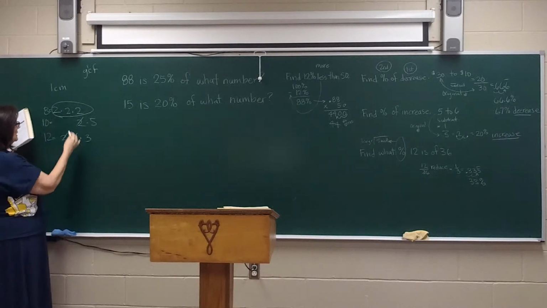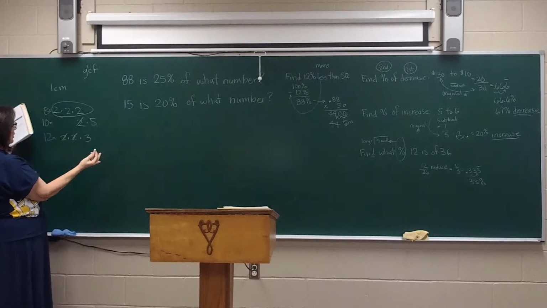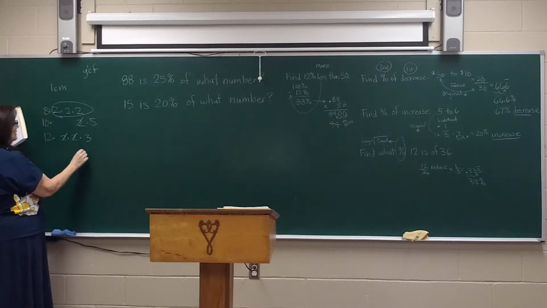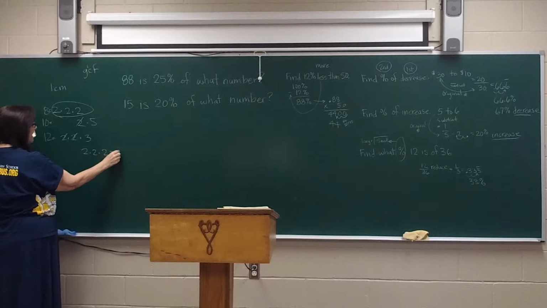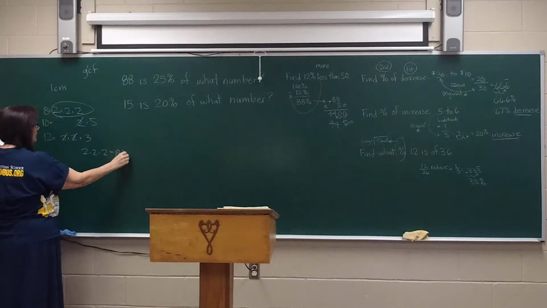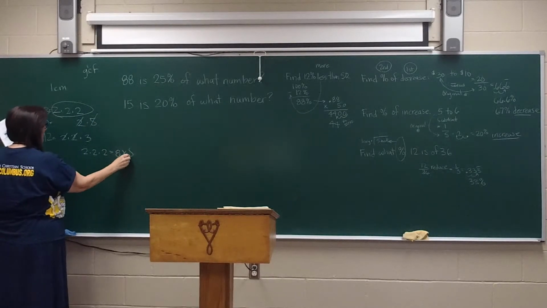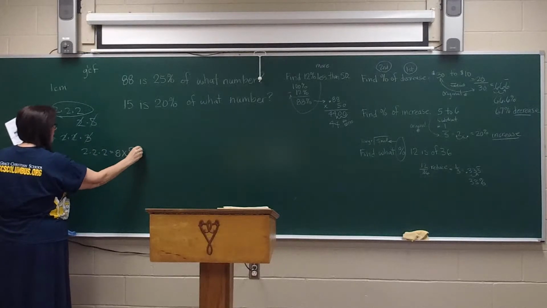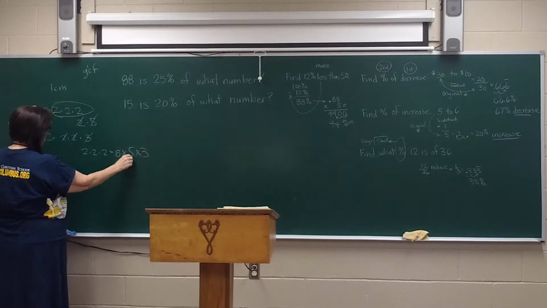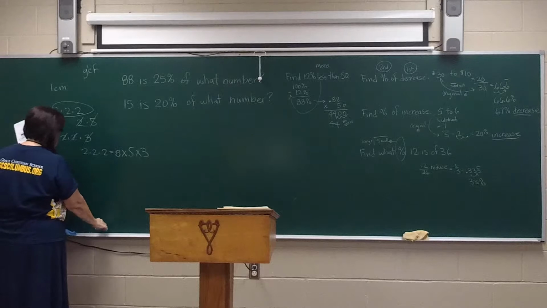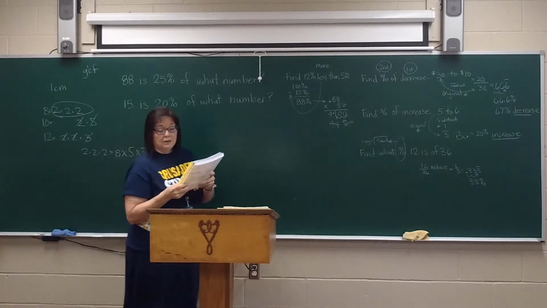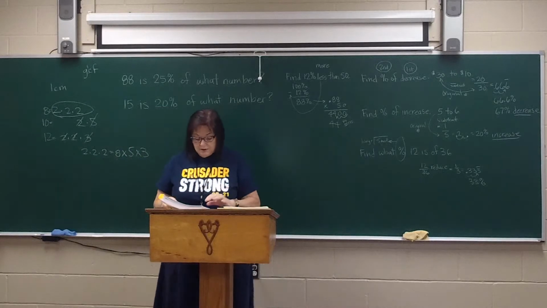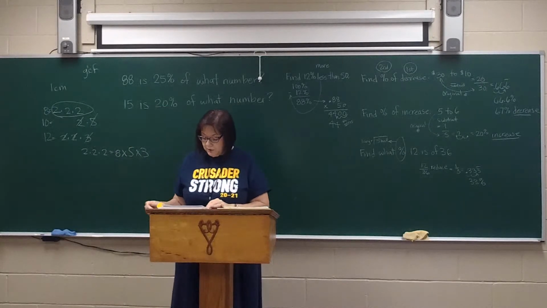Is there anything else? Nope, there's not anything else in common. So it'd be 2 times 2 times 2, which you already know is 8. And then we have to take this number 5 and this number 3. So 8 times 5 is 40. And 40 times 3 is your least common multiple, which would be 120. So number 6, least common multiple is 120.